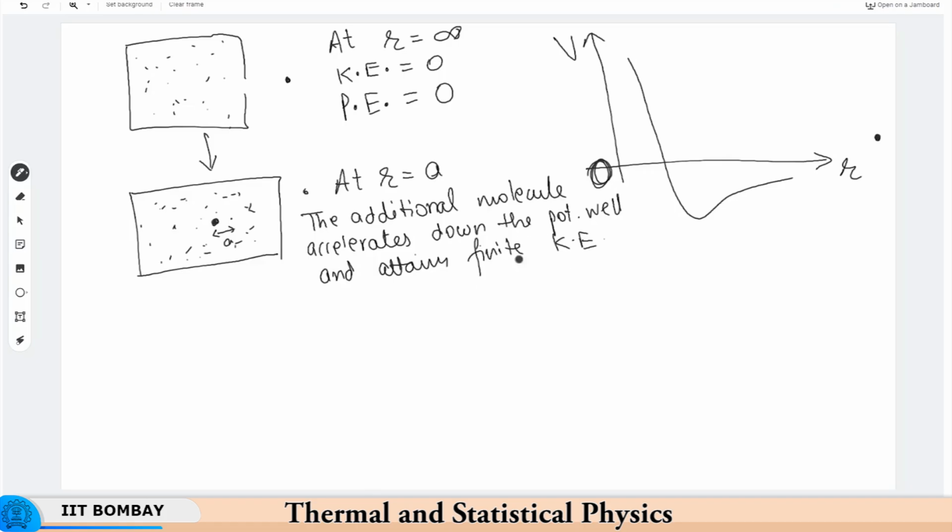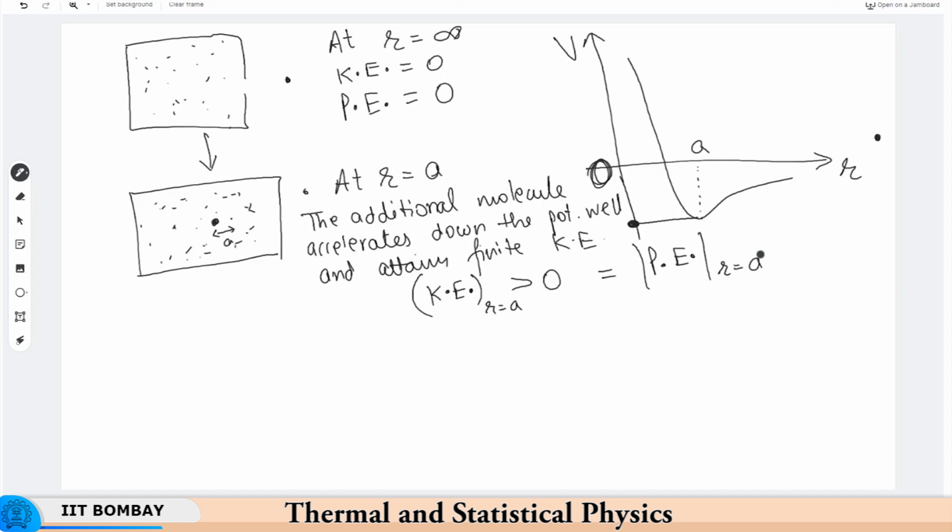And what is the amount of this finite kinetic energy that it attains? This kinetic energy at R equals A, which is positive, is exactly equal to the potential energy magnitude at R equals A. So you have a system, you open a channel, you bring a molecule in it, and because this molecule is attracted to other molecules in the system, it will fall down the potential well and gain certain kinetic energy.